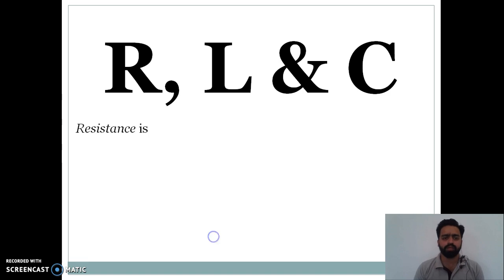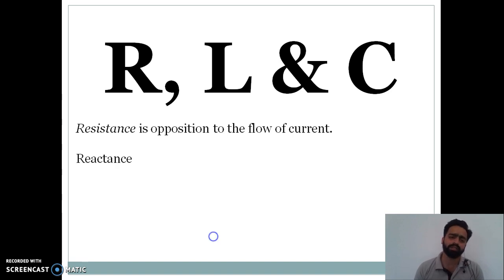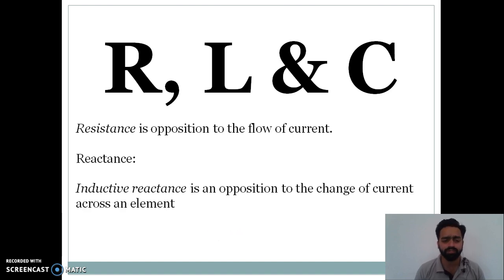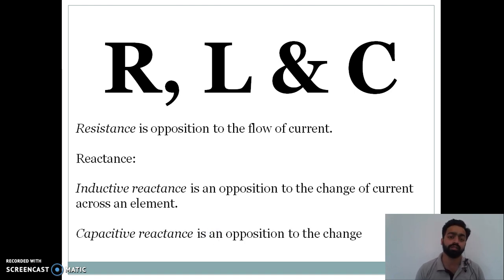So resistance is opposition to flow of current, which has the unit of ohm, and inductance and capacitance, in case of AC, appear as a reactance. So reactances are of two types. First is inductive reactance, which is opposition to change in flow of current through a component, and capacitive reactance is opposition to change in voltage.